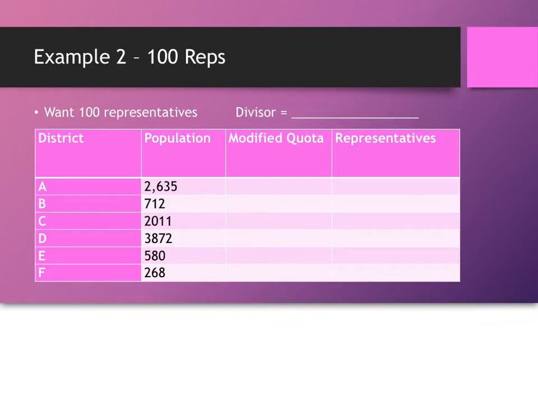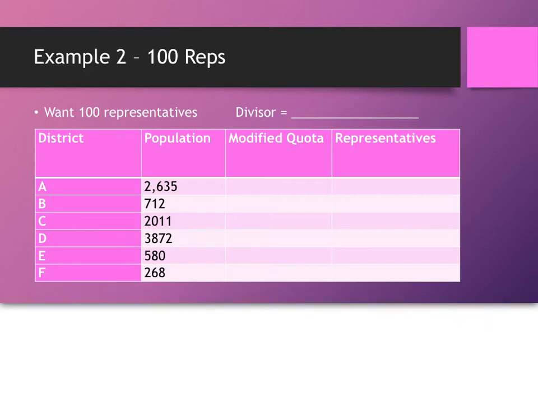There's not a whole lot that can be said about this. Obviously, the divisor in Jefferson's method is going to be lower than the standard divisor. But how much lower? You have to do some trial and error. If we look at this other example we had with Hamilton's method, I'm calculating how many people are in it.